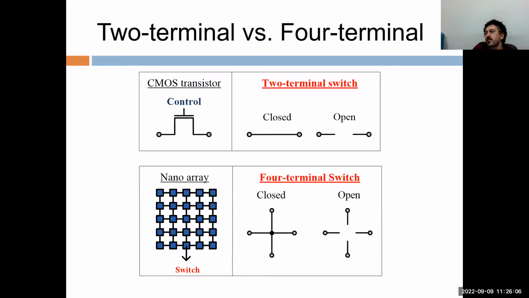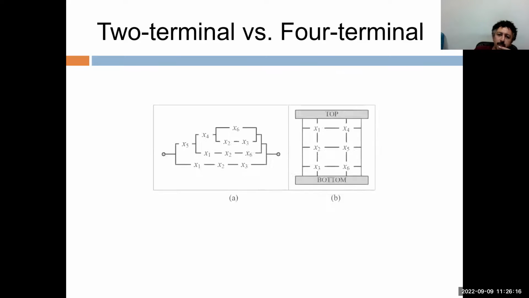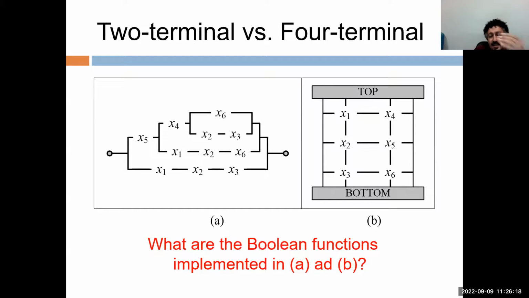For two terminal switches it's easy: if you do not consider area, you can connect the switches in parallel and series and get the function. But how about four terminal switches? How to prove it? And four terminal switch-based arrays consume much smaller area.